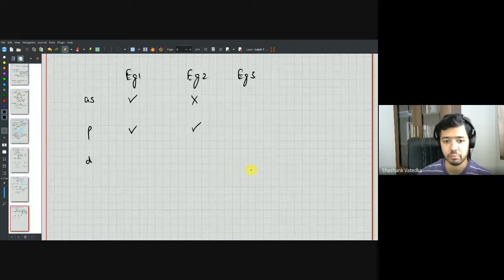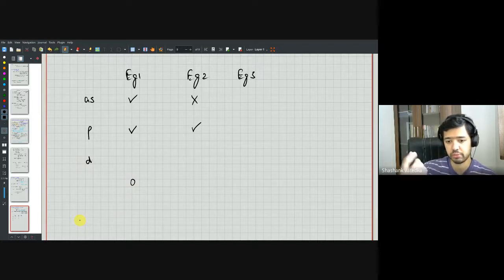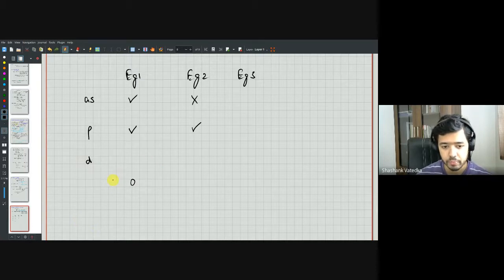Okay, so example 1, if it converges, it should converge to 0. So it's a distribution which puts probability 1 on 0. So x equal to 0 with probability 1. Example 2 is also the same thing, x equal to 0 with probability 1.